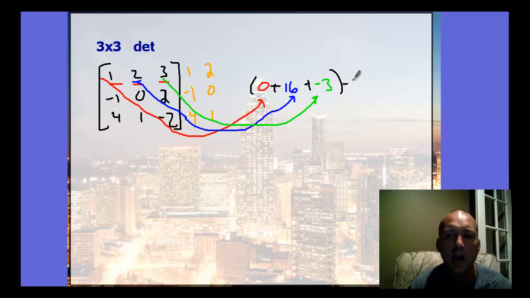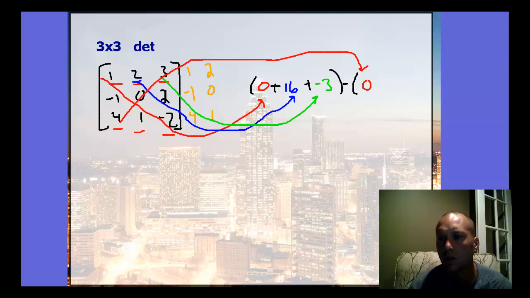We still need to subtract the upward diagonals. So we repeat that same process we just did, but they're from the numbers down here, the upward diagonals. So 4, 0, and 3. That's 0. We're going to add to that the next upward diagonal, 1, 2, 1.